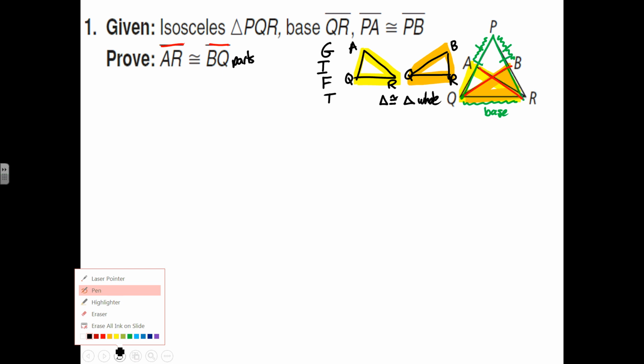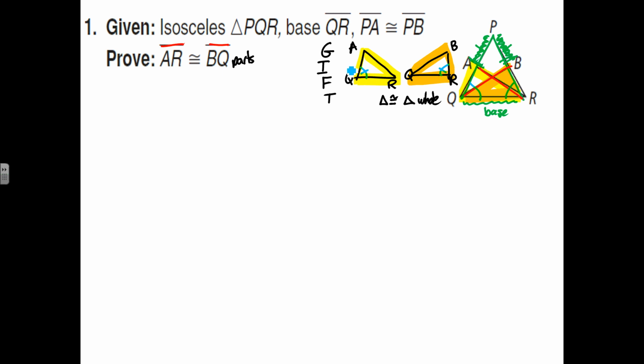So now with the pulled apart triangles, because this squiggle is given, and because you have isosceles, if the two sides are equal, then these base angles are equal. That would be angle Q is congruent to angle R. So immediately we have a pair of angles.